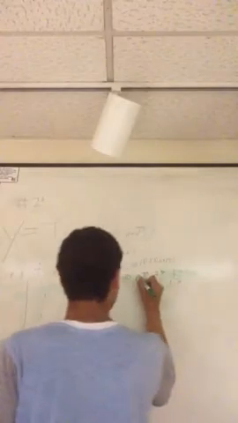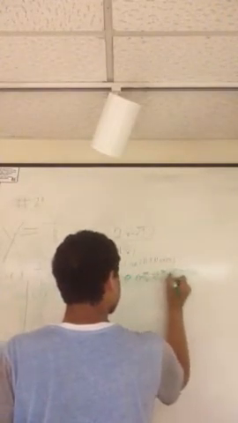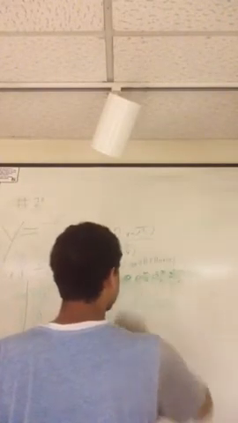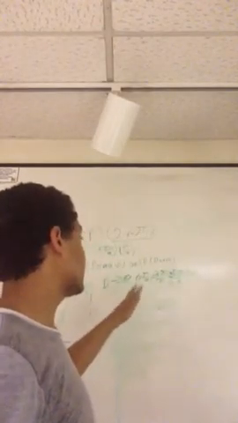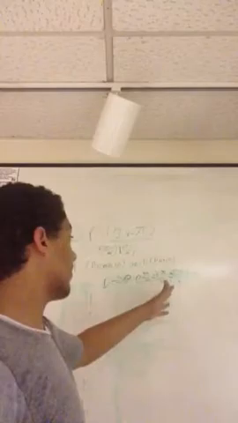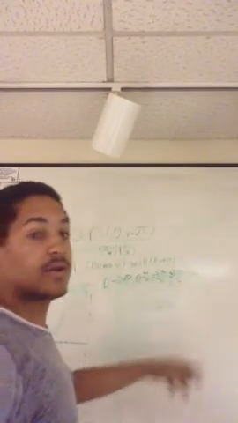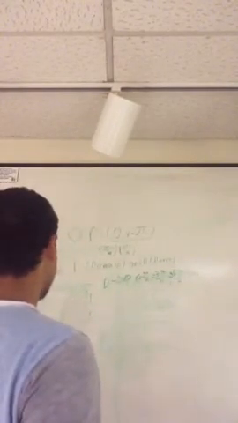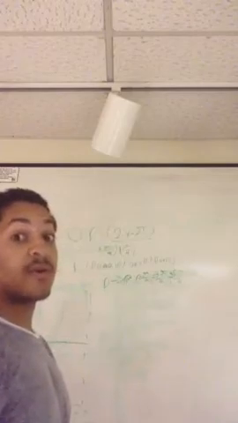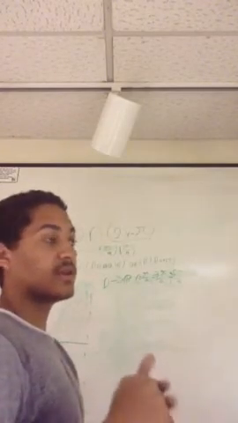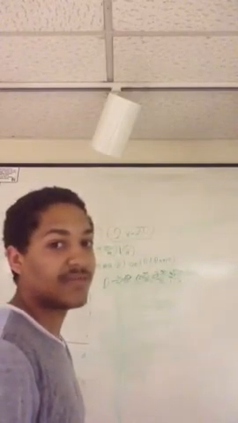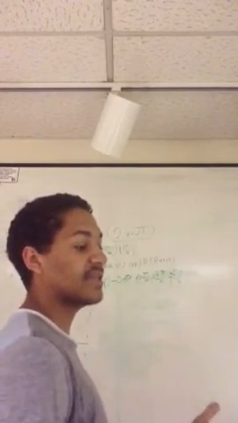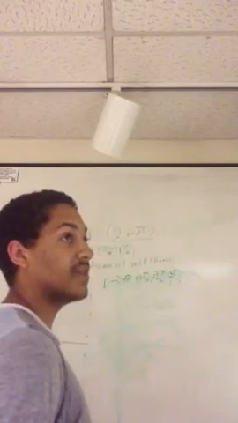So our domain would be all real numbers except for pi over 4, 3 pi over 4, and 5 pi over 4. At those points our function is undefined, and we can't have things being undefined. Things have to be defined.